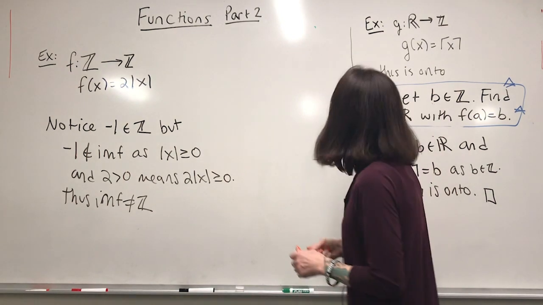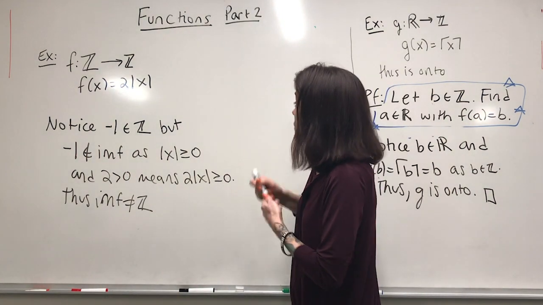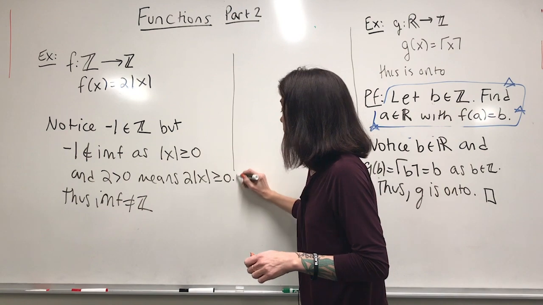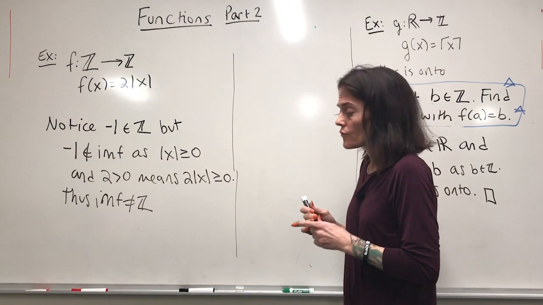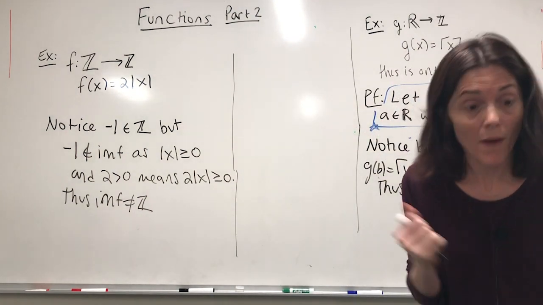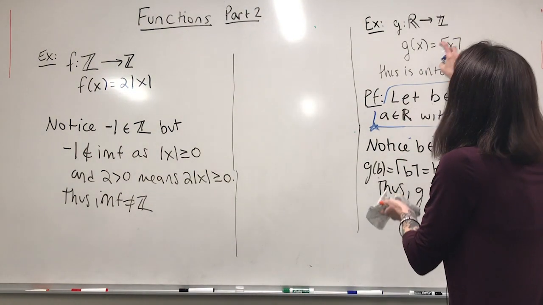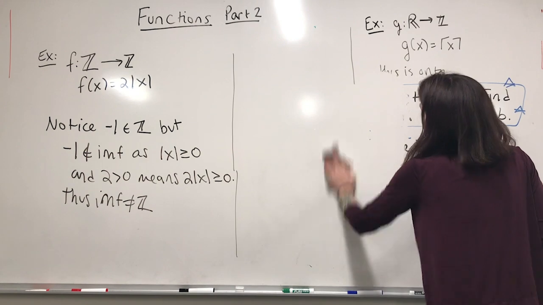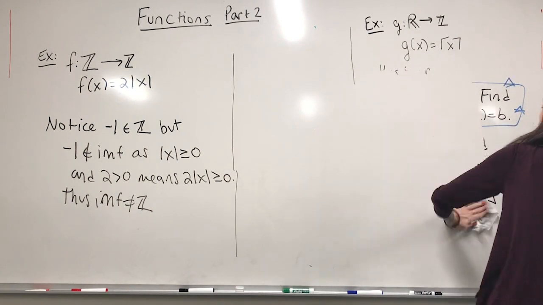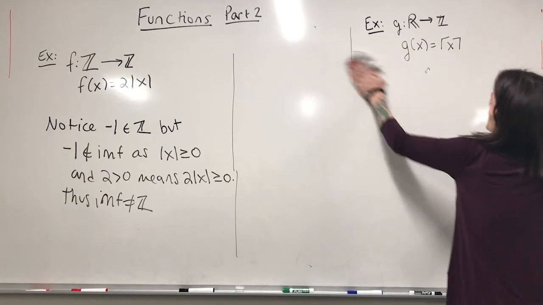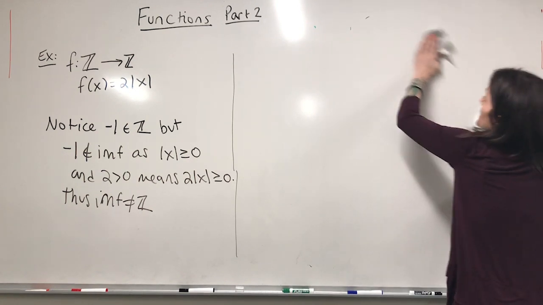Okay. Now the final one that I want to do, in terms of either a proof or justifying why it's not onto, was the function that went from non-negative integers cross non-negative integers into integers. So let me do that now.